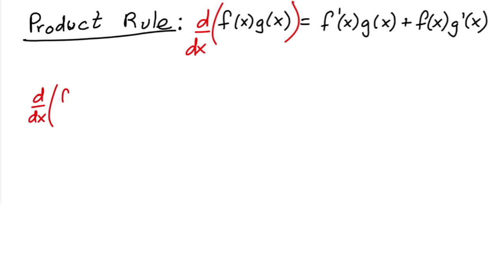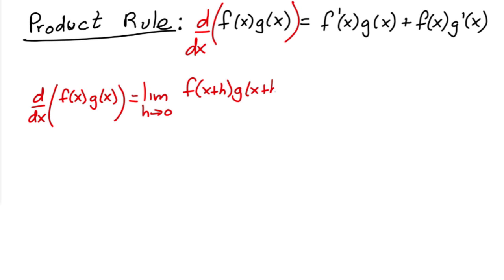So the derivative of f of x times g of x is going to equal the limit as h approaches 0 of f of x plus h times g of x plus h minus f of x times g of x, all over h.